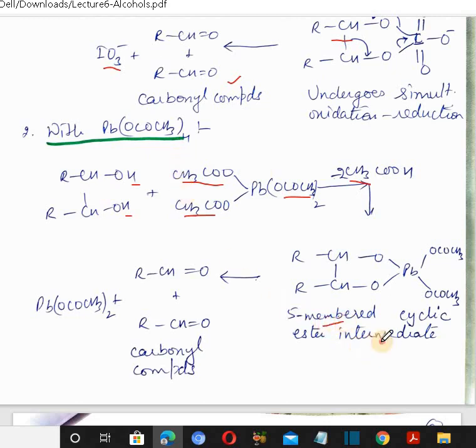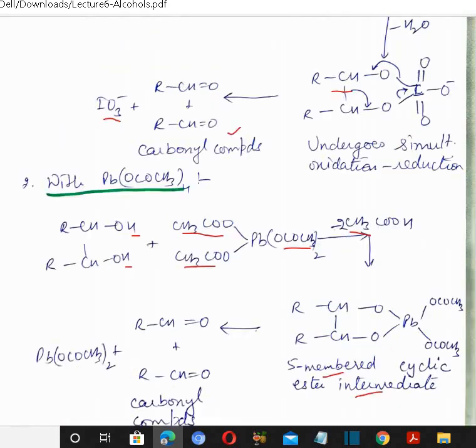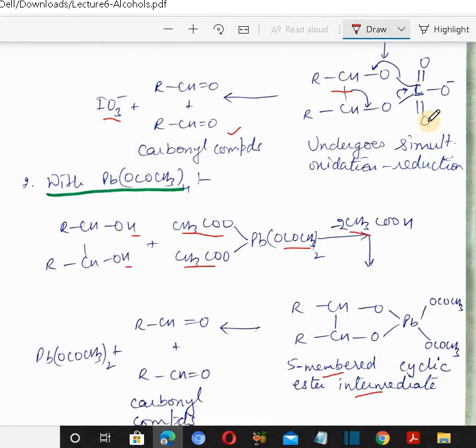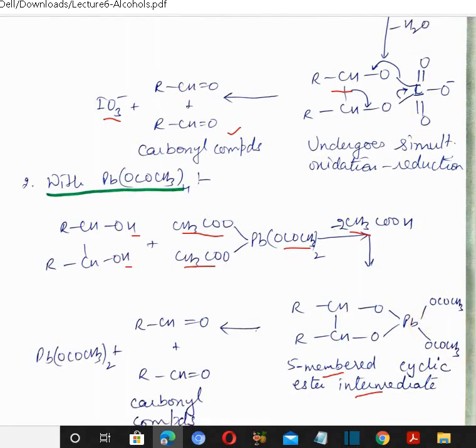It is an intermediate as in the first case, that is when reacting with periodic acid, and in this both same cyclic esters are formed, and then further it gives, that is again these movements can be shown, that is these electrons move to this, that is a carbonyl bond is formed, and this carbon-carbon bond breaks, and similarly these electrons move to this, here a double bond is formed and these electrons move to lead, and so we get two molecules of carbonyl compound and lead diacetate.